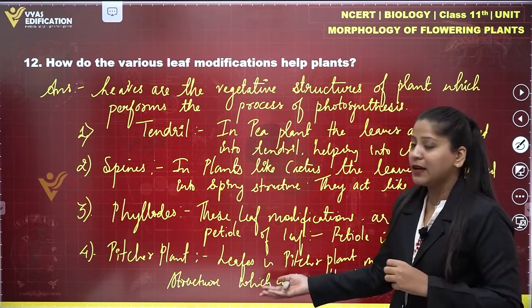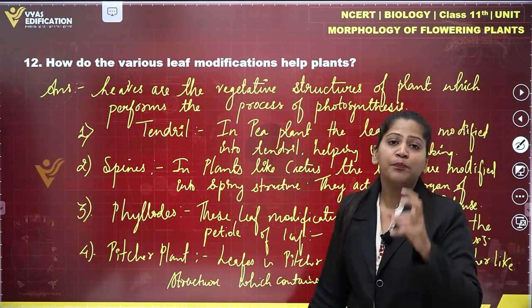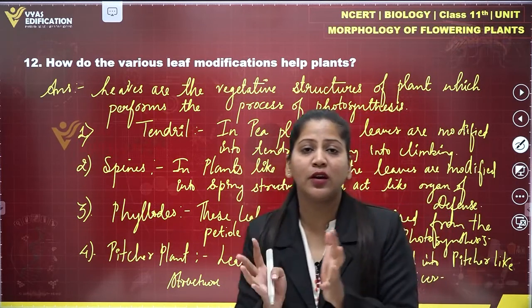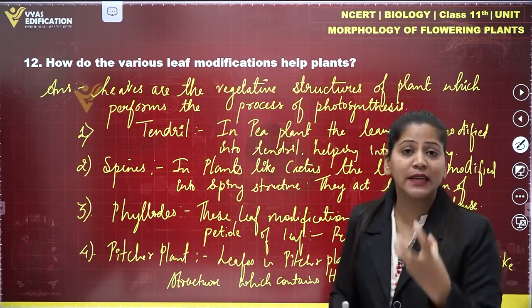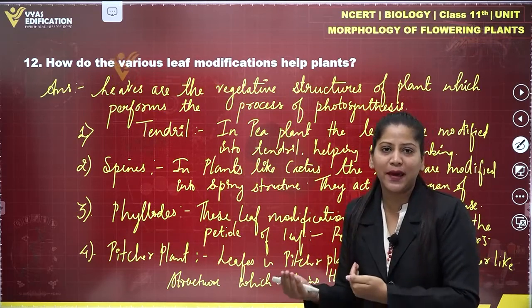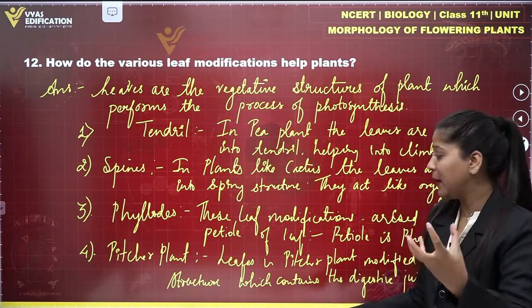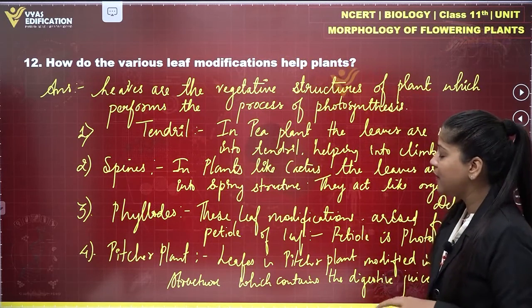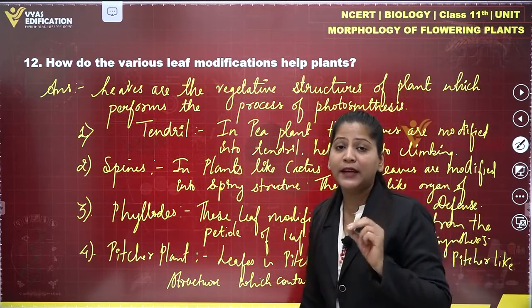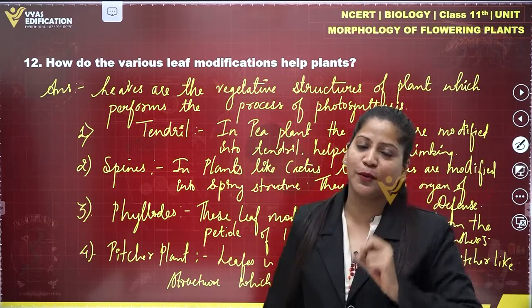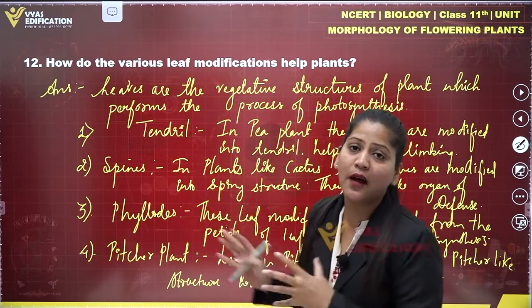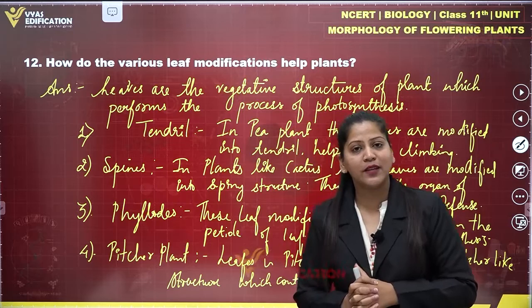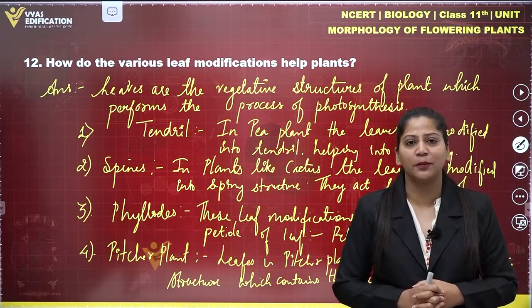In pitcher plant, they are acting like a pitcher-like structure which contains the digestive juices and helps in capturing and digesting insects. And in phyllodes, the petiole is the structure which is performing photosynthesis. So these are the modifications of leaves, and with this we have completed the answer of question number 12.